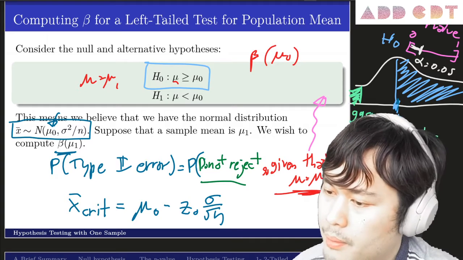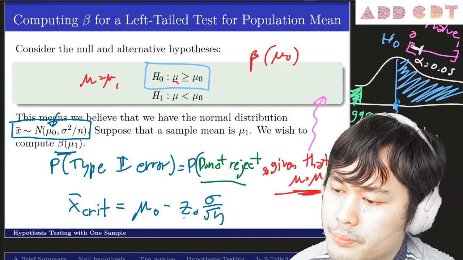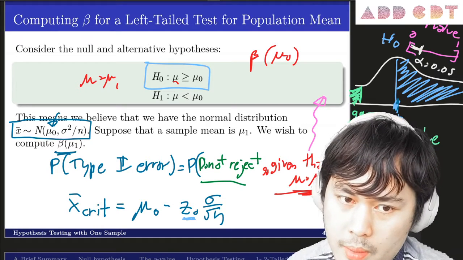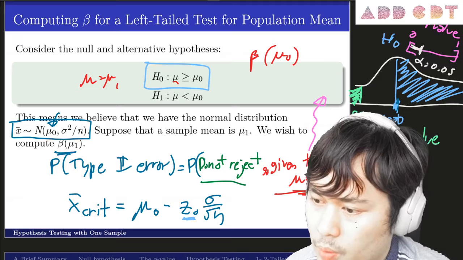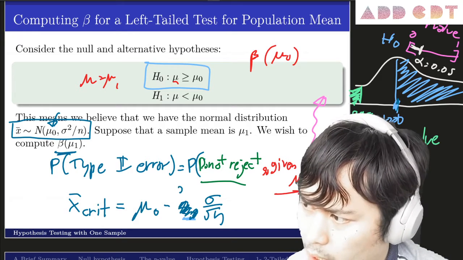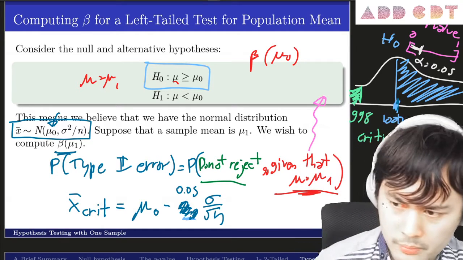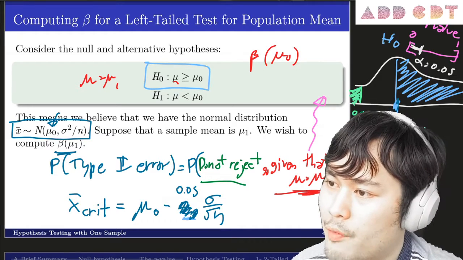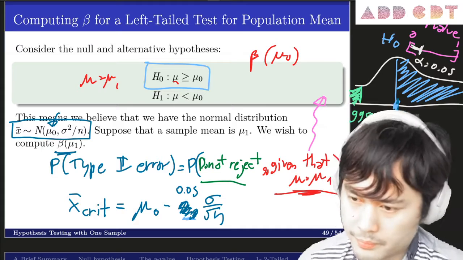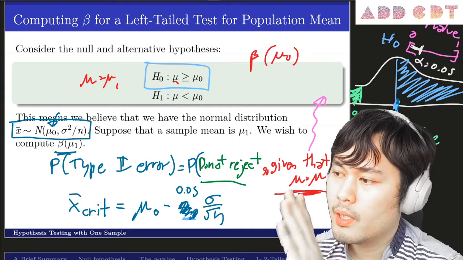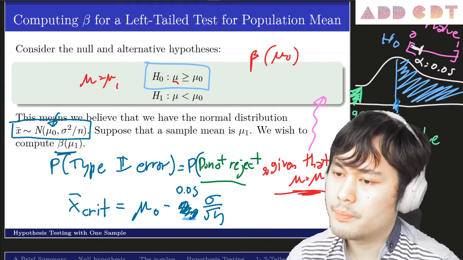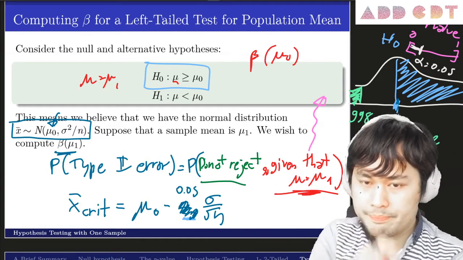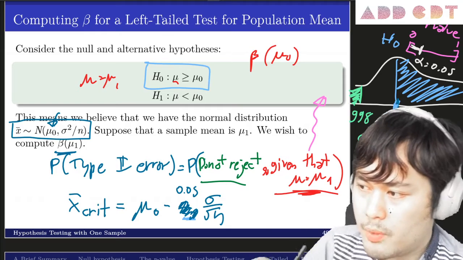So we subtract by C0, or whatever it is, times sigma divided by square root of n. Oh yeah, that's actually 0.05. That's the alpha, not the C. So anyway, once we have mu naught, and we get alpha, then we find the critical point on the original distribution.